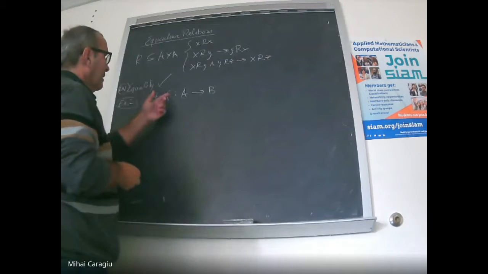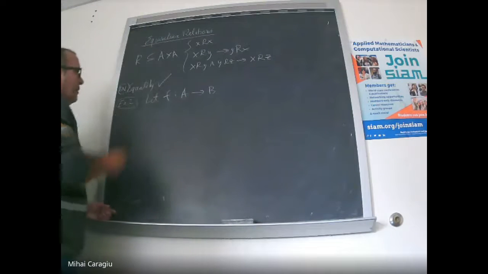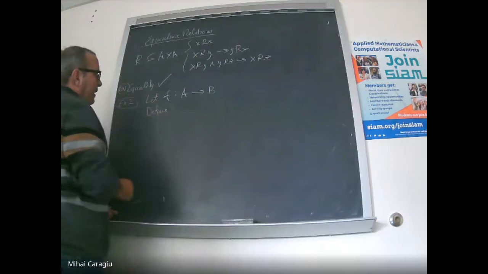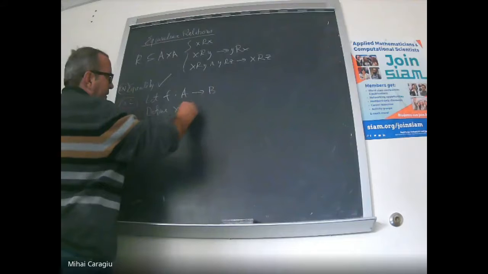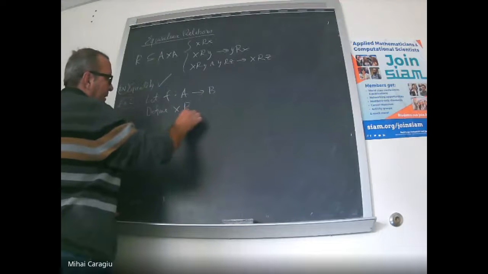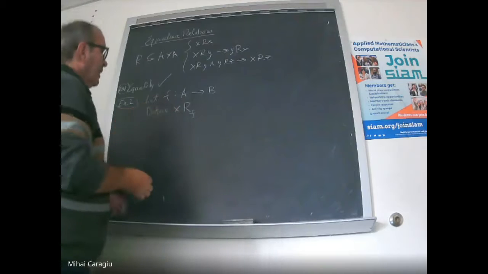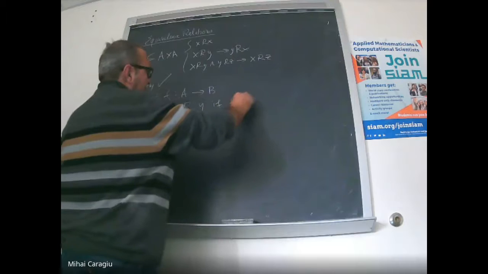For such a function, let's define the relation on A like this. Let's put this relation as R sub f, the binary relation corresponding to the function f. x R sub f y is just f of x equals f of y.